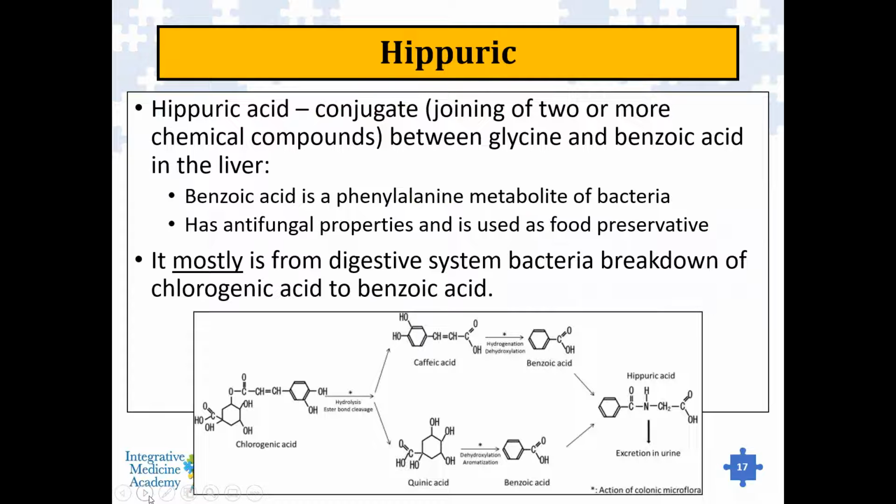Most commonly, and that's one of the key elements about the OAT, is trying to look at what most commonly is happening, what's the most likely scenario. It's mostly produced from the digestive system bacteria breaking down something called chlorogenic acid into benzoic acid, which is then excreted in the urine as hippuric acid.